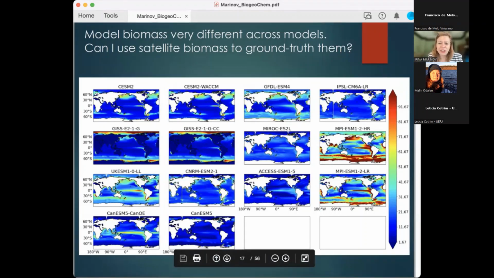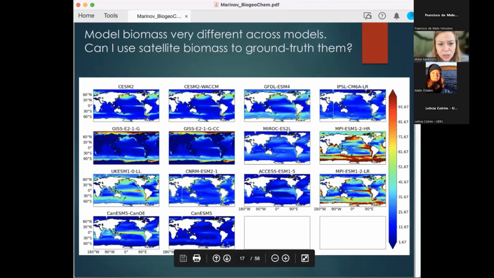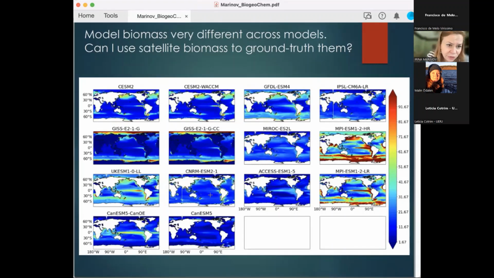But clearly, here's the German MPI Max Planck Institute model, and there are very big differences. And here's the UK model as opposed to NASA GISS or CNRM. There are very big differences across these models. And these differences among the biological outputs tend to be much higher, and I've noticed this in the previous generation, CMIP 5.